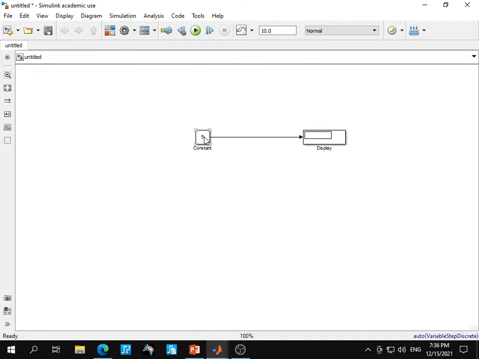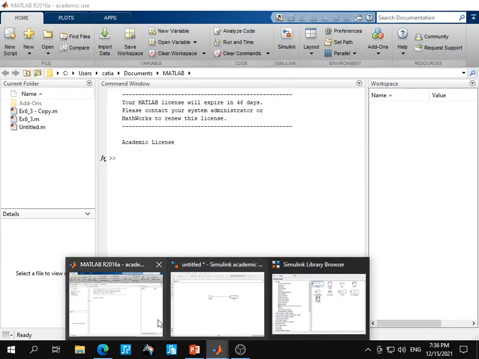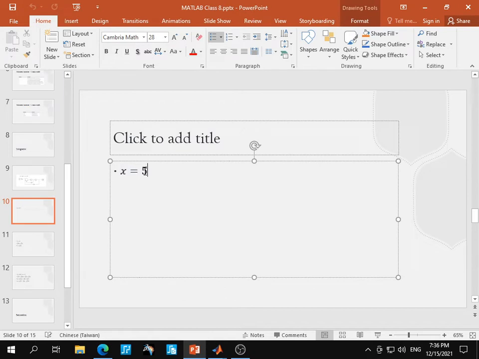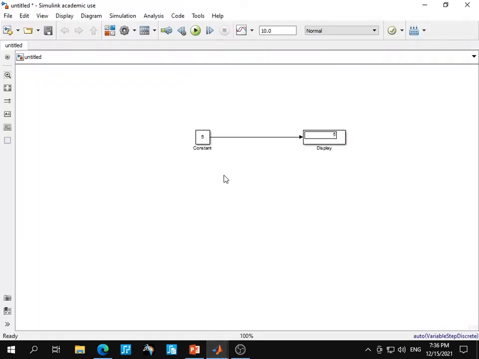So you have 5 output as your x. This is what x equals to 5 means in Simulink. So this model means x equals to 5.